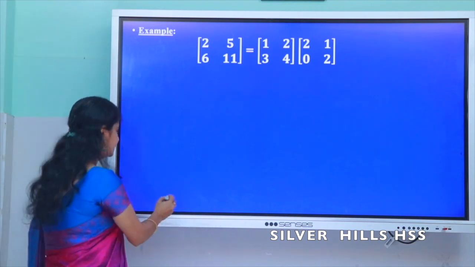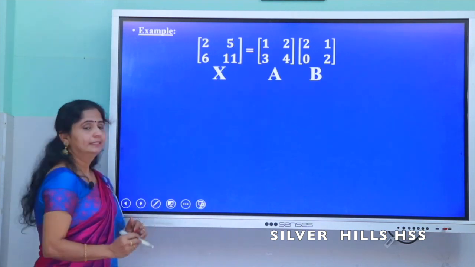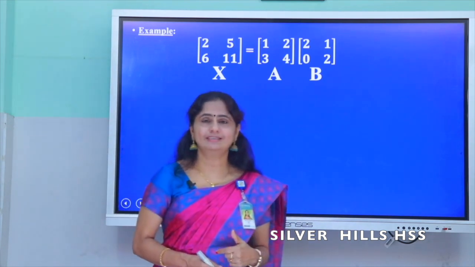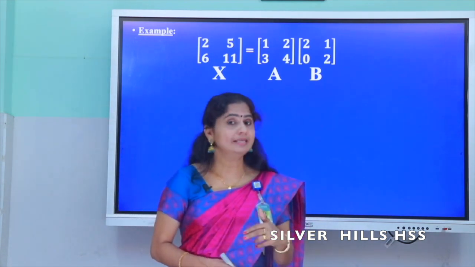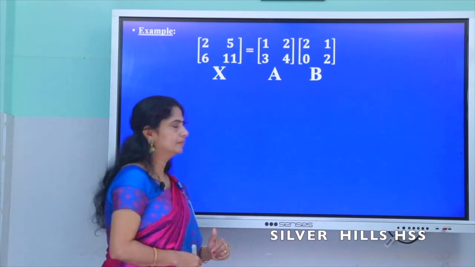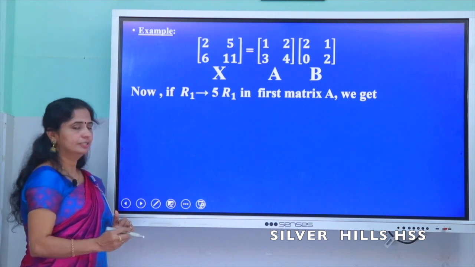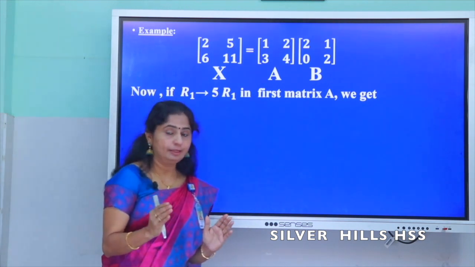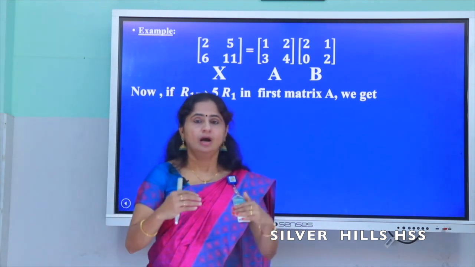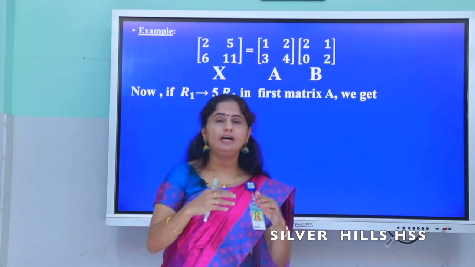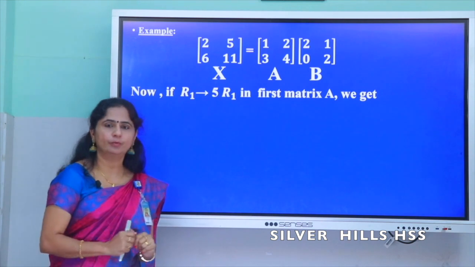Now let us take the product matrix as X, the first matrix as A and the second matrix as B. Now let me apply the row transformation in the matrix A, the first matrix. R1 is multiplied by 5, which means R1 transforms into 5R1.